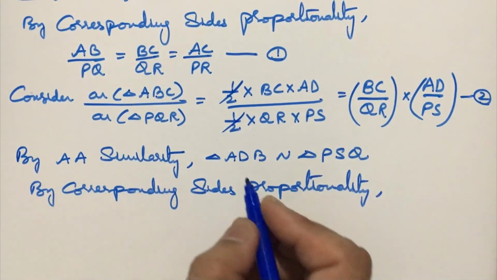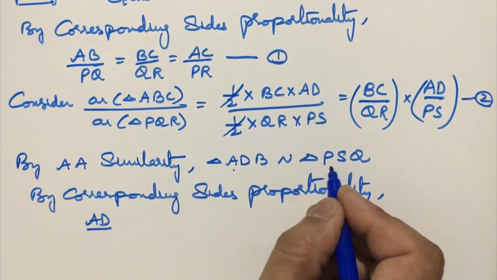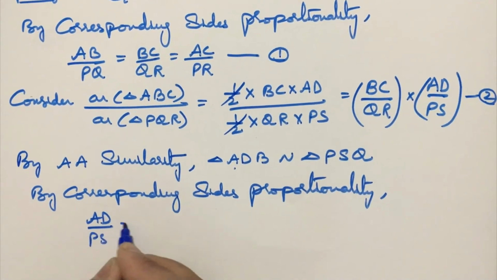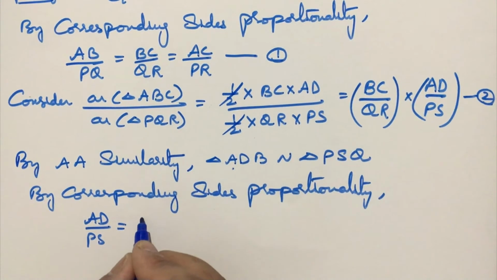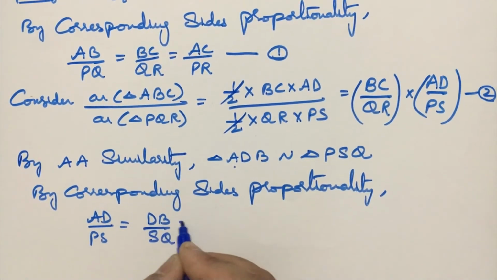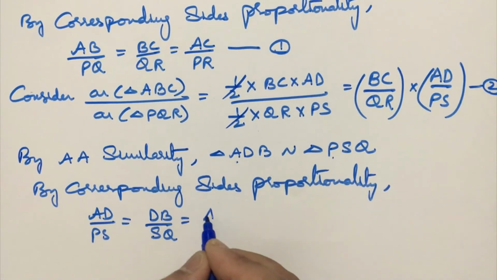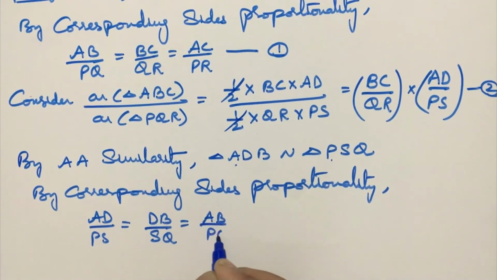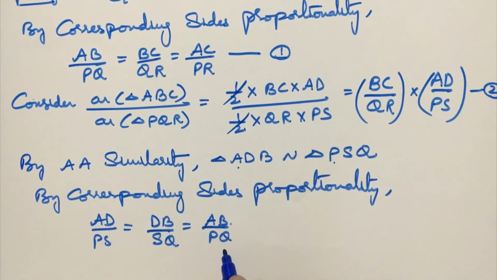By that we are going to get the first two letters AD by PS. Next, second and third letters, DB by SQ, is equal to first and last, AB by PQ. So what I got here is AD by PS is equal to AB by PQ.